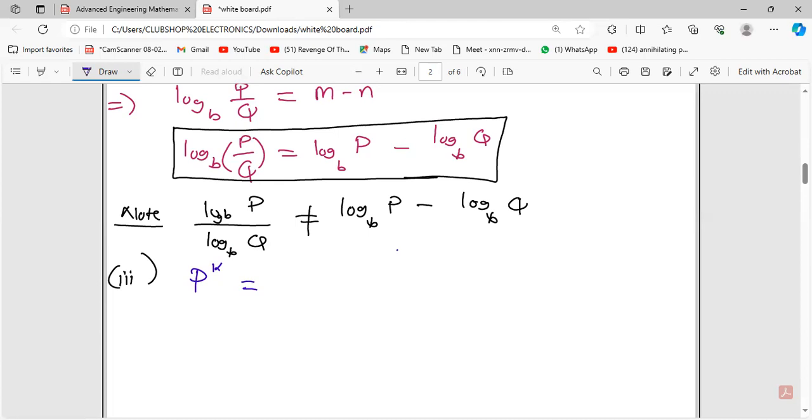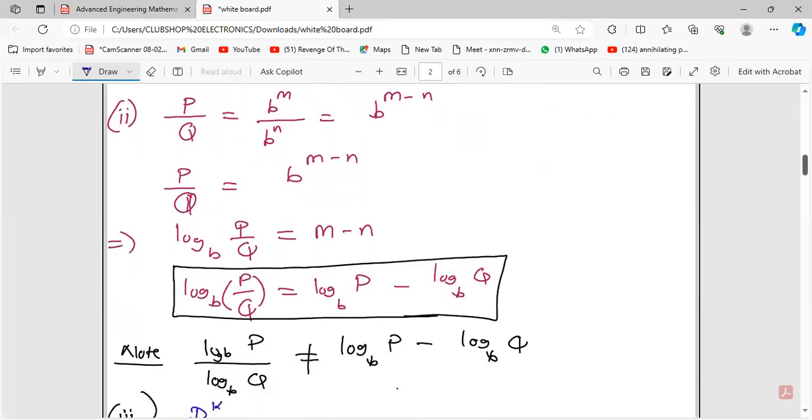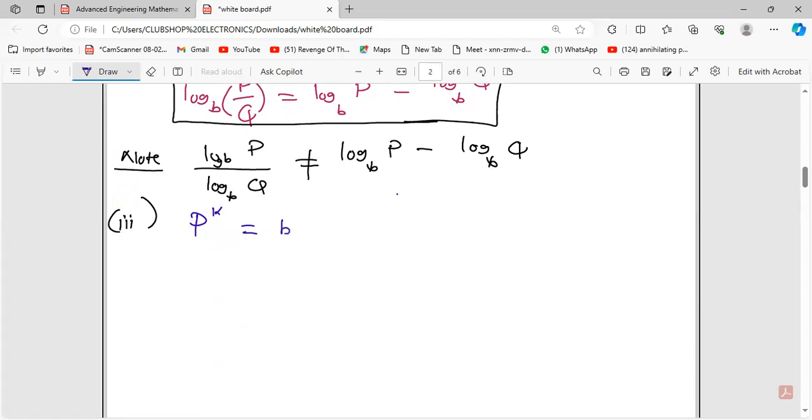Now we know that p is b to the power m. So we have b to the power m, but this is p, then there is k. So this will take us to b to the power mk. So what we have is p to the power k is equal to b to the power mk.